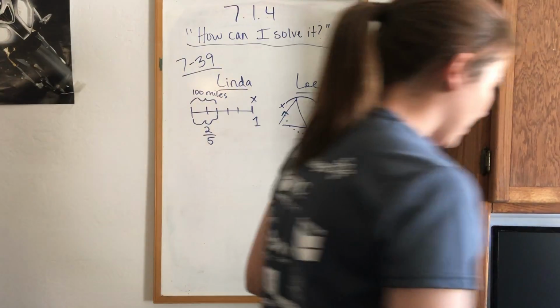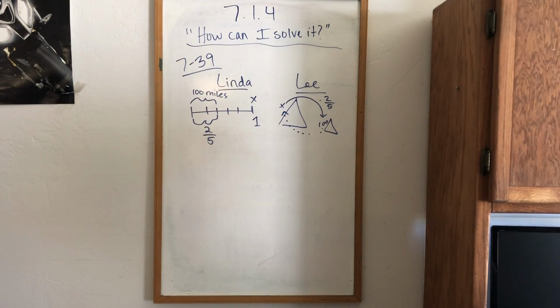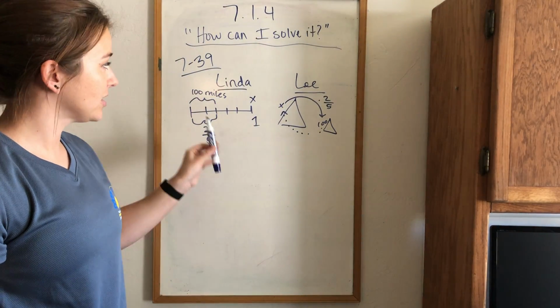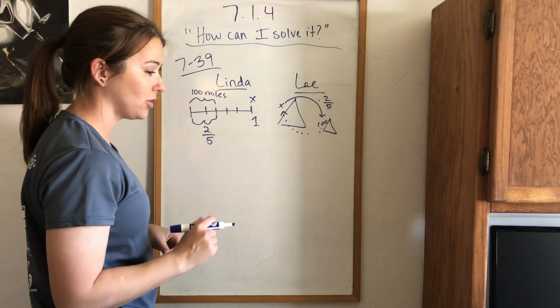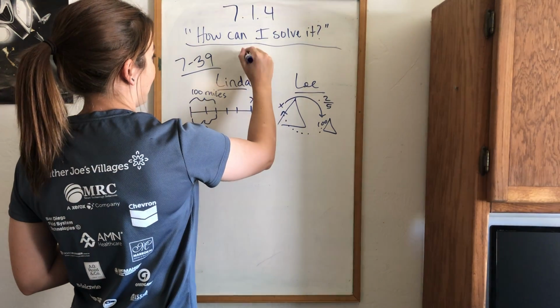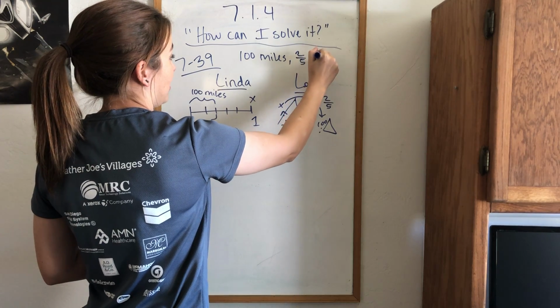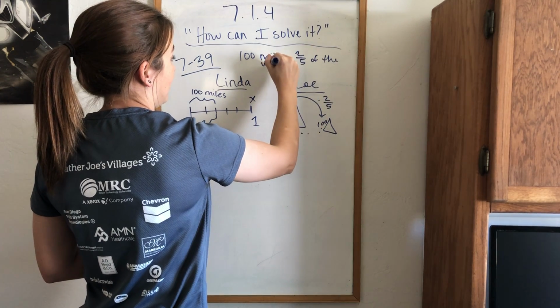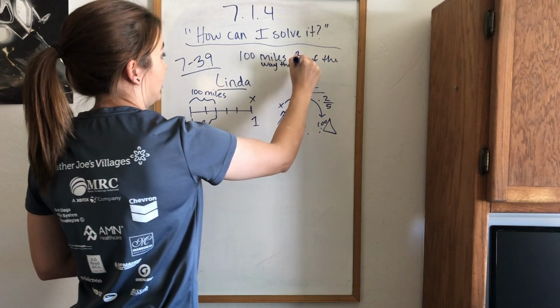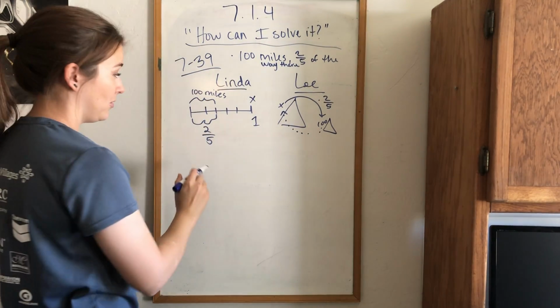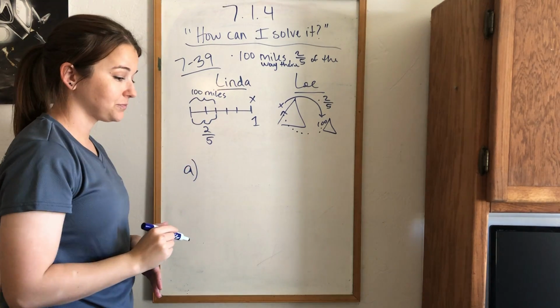So it says part A, explain how both of these strategies illustrate their situation. So we've driven 100 miles and we're 2/5 of the way there. So that's their situation. That's what Mom says. So it says explain how each of their work shows that.